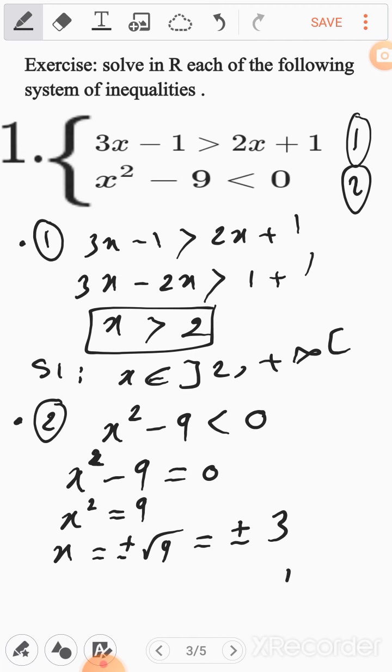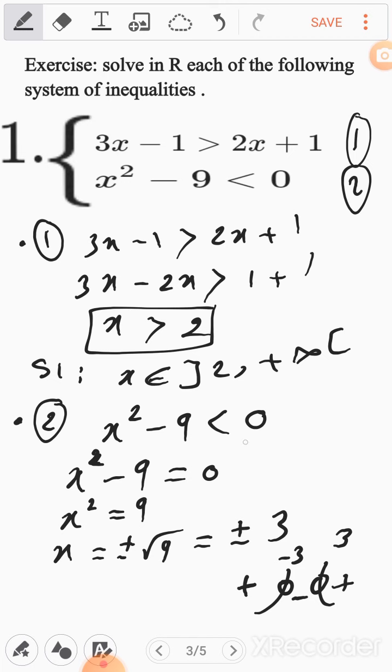Okay. The signs of x squared minus 9: minus 3 here, and plus 3 here. 0, 0. A is 1, positive, plus 1 is positive, so plus here and minus here.